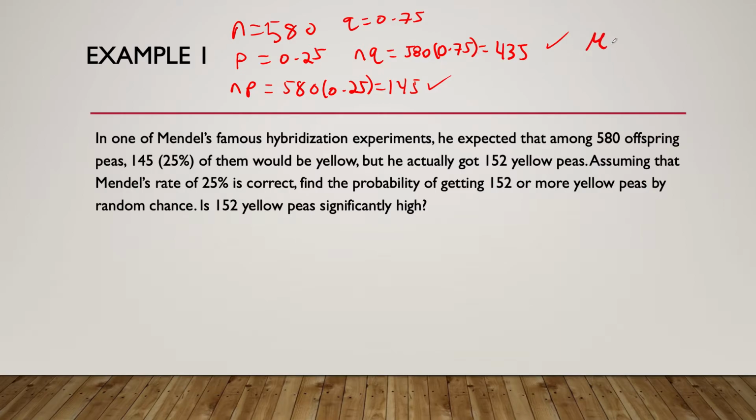The mean then would be 145 from n times p. Standard deviation is the square root of n times p times q.